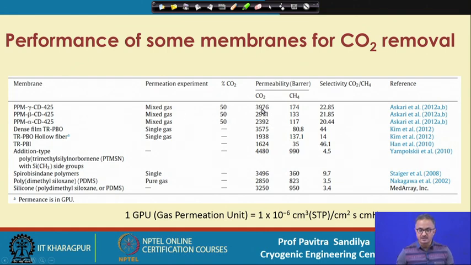These are the permeabilities given in Barrer for carbon dioxide and methane. That means these membranes are more selective towards carbon dioxide. That is why we find the selectivity differs, from 22 to about 4%. So, we can see that these kinds of membranes can be used to separate carbon dioxide from methane.